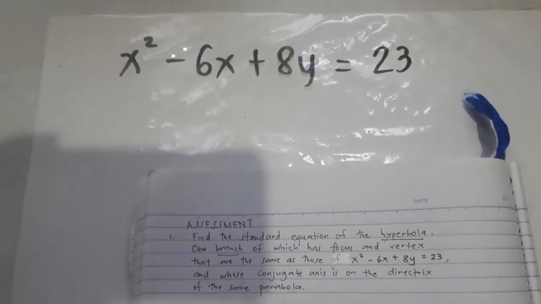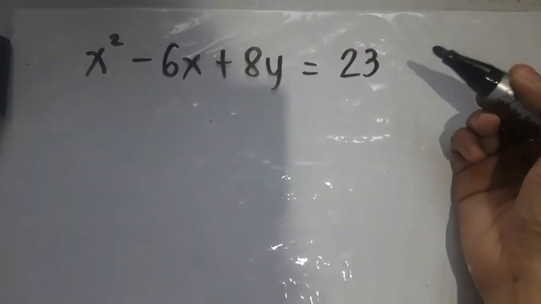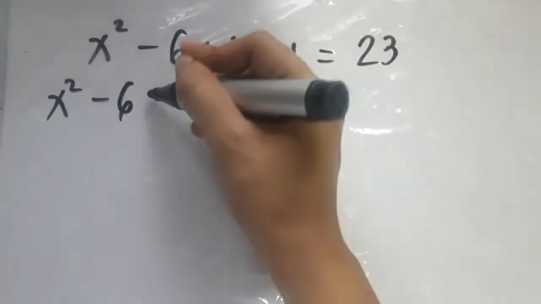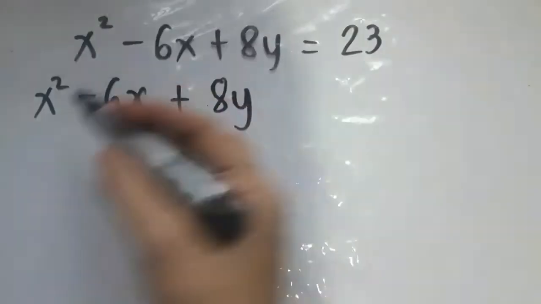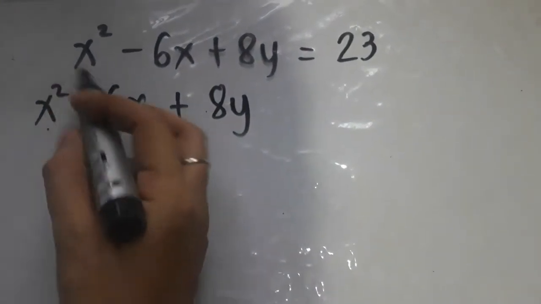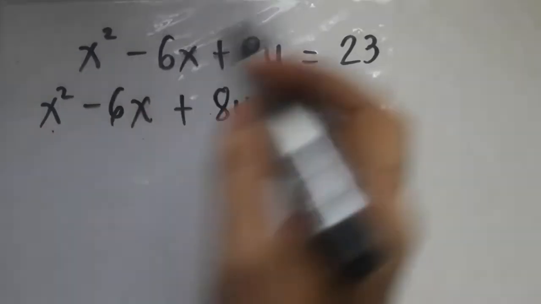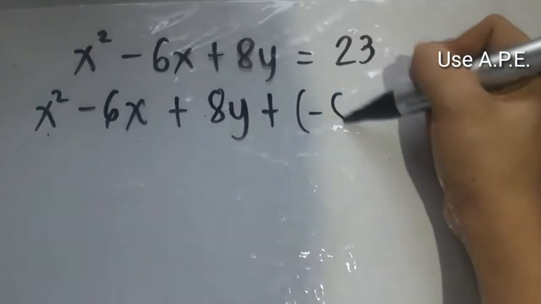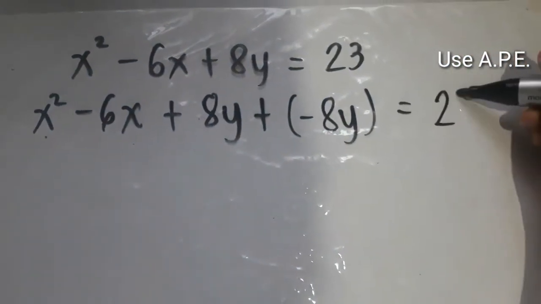So let's start. First we'll use the addition property of equality. We have x squared minus 6x plus 8y. If you notice, x squared is a term with the exponent 2, so it stays on the left side. So what we'll add here is negative 8y, equals 23.